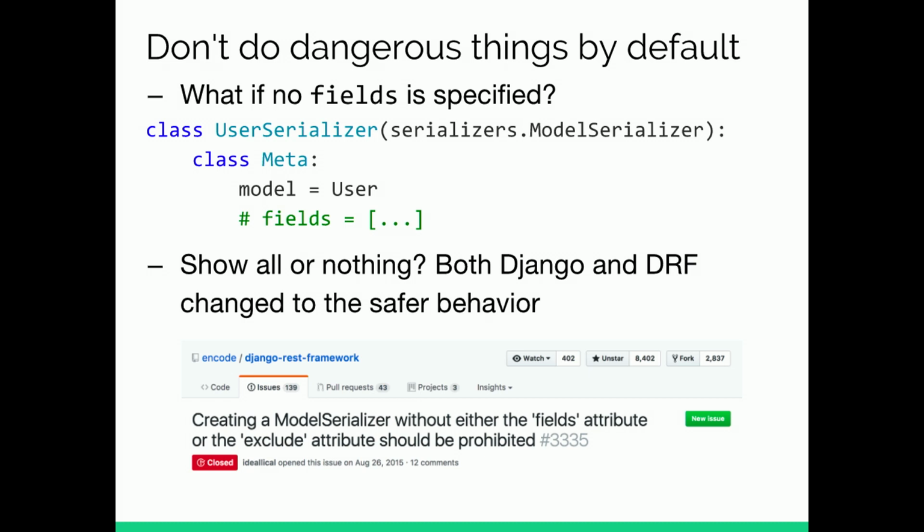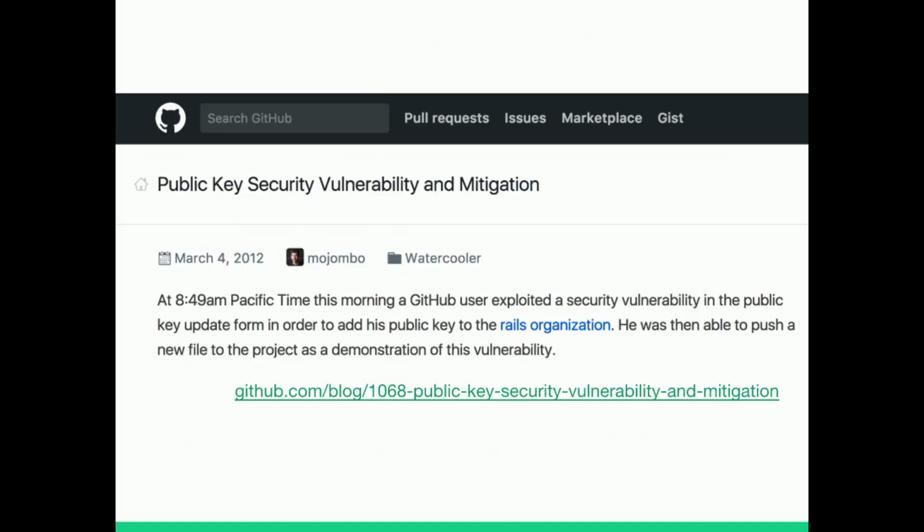Don't do dangerous things by default. And this is really important, because this was the reason for a real bug that happened: Rails had a setting that by default was very unsafe, and GitHub had this active in their code base, and this led to an exploit.